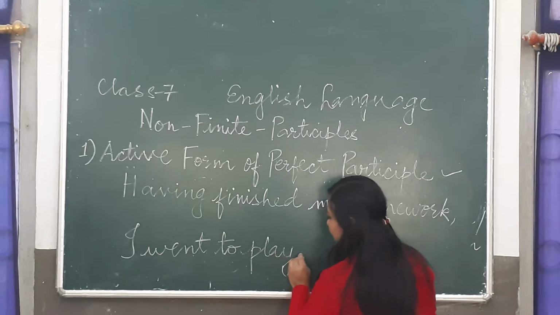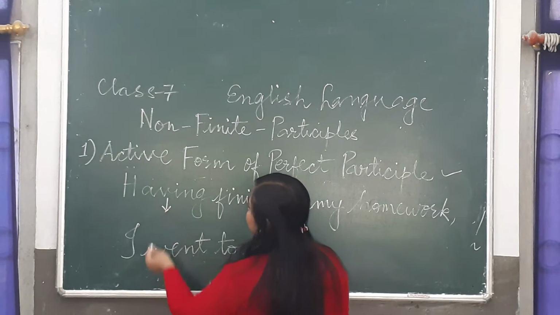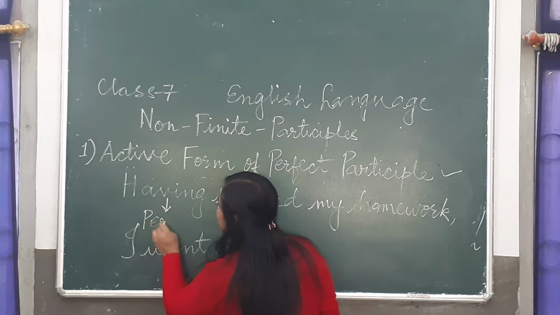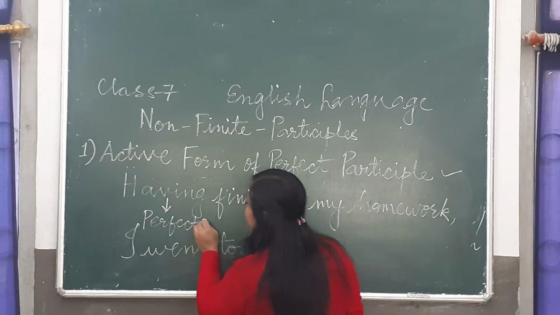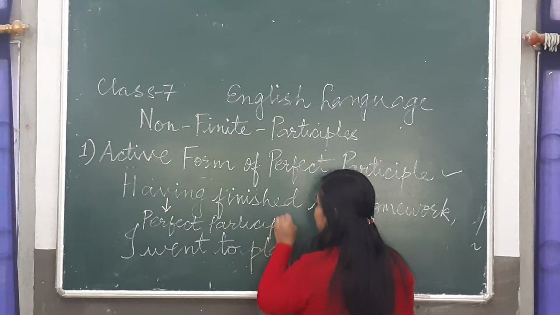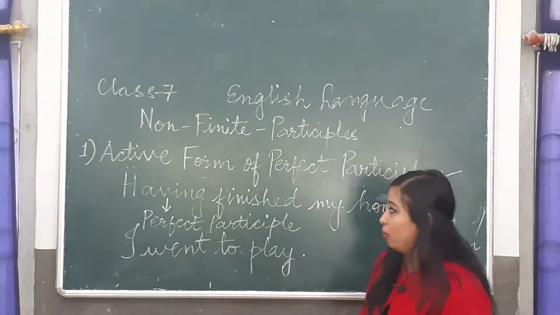Okay, I went to play. So this having over here is the perfect participle. This one is the perfect participle in the active form.